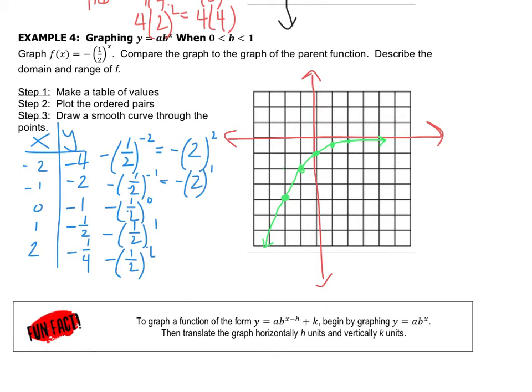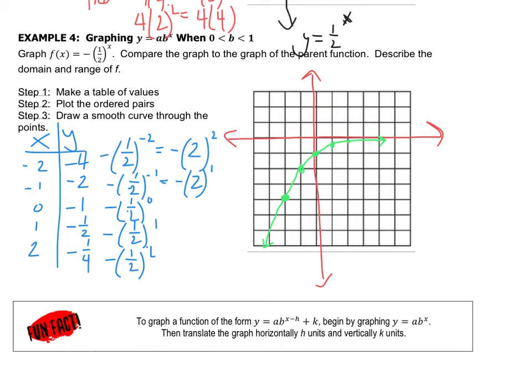Now again, remember, our parent function of this one would look a little bit different. So the parent function of this one would be y equals 1/2 to the x. Right? It would take out that -1 in front. So 1/2 to the x for this one is going to look similar.